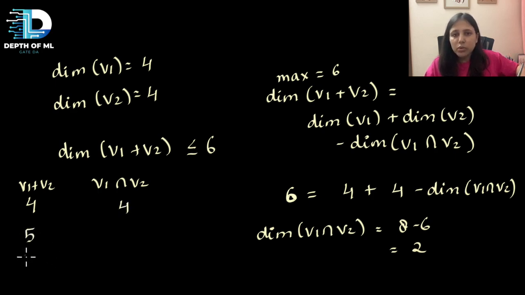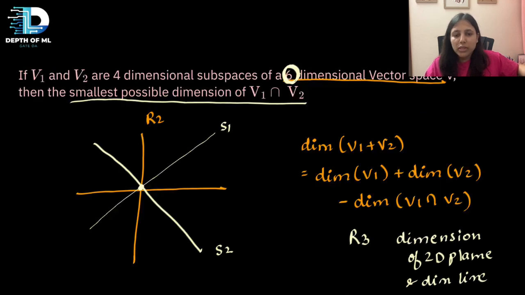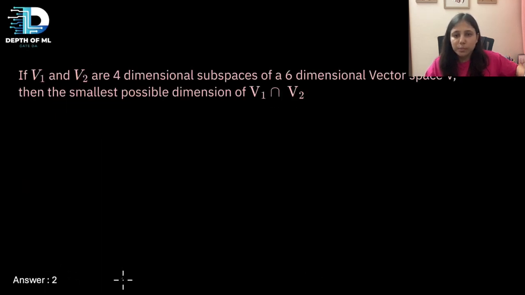If V1 and V2 combined span a whole space of dimension 5, then the intersection will have dimension 3. And when they span the whole 6-dimensional space that they are subspaces of, the dimension will be 2. Hence the minimum dimension that V1 intersection V2 can take is 2. So the answer to this question is 2.